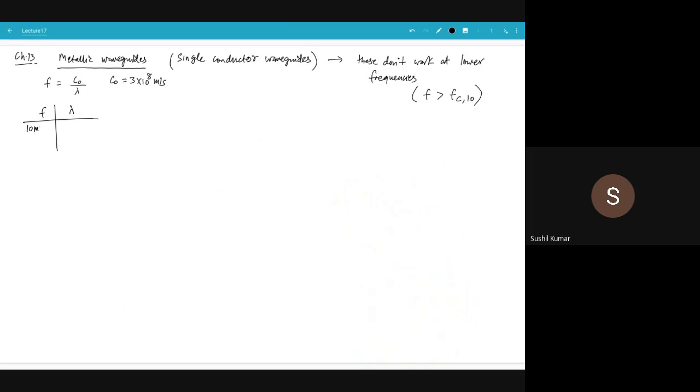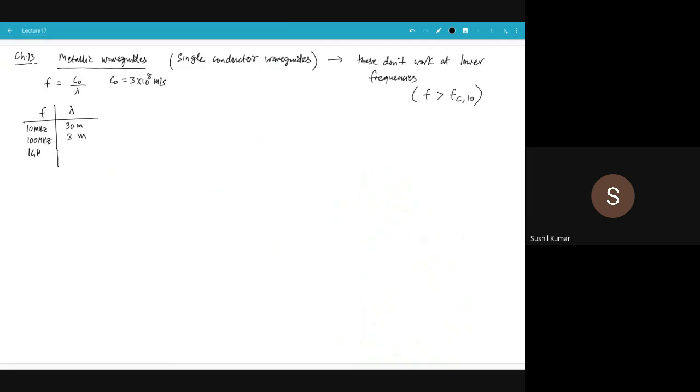The way I remember is 1 gigahertz is 30 centimeters, 100 megahertz is 3 meters, and 10 megahertz will be 30 meters. 100 megahertz, 3 meters, right?